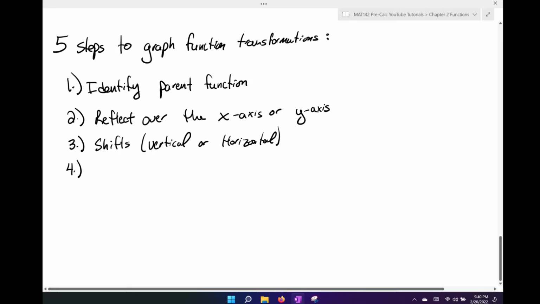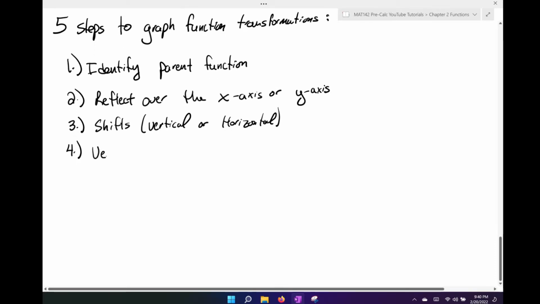And then 4, you're going to look for vertical and horizontal translations. And then finally, step 5.